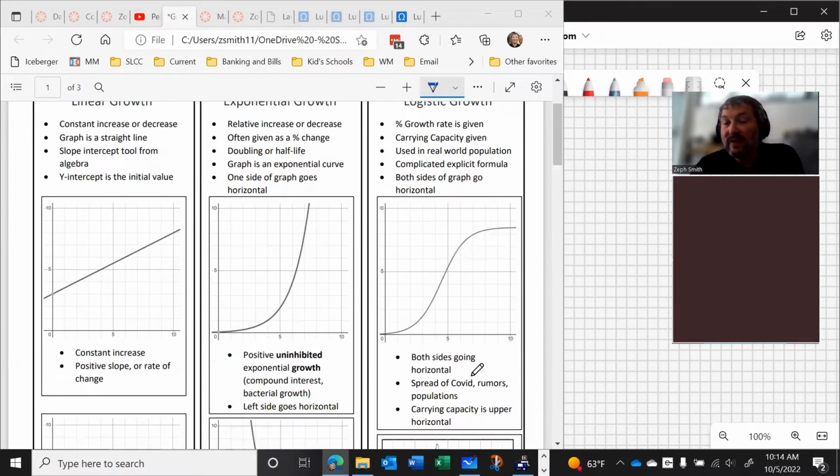So the spread of COVID, we saw this originally in China, the Wuhan. It was very, very, very few cases, and all of a sudden it burst out of China, and then eventually, and we were hoping for the herd immunity to kick in, enough people have it that it can't spread as easily.